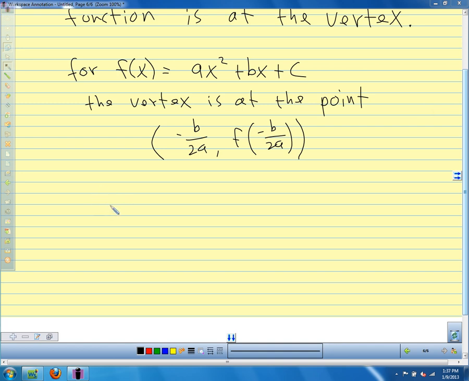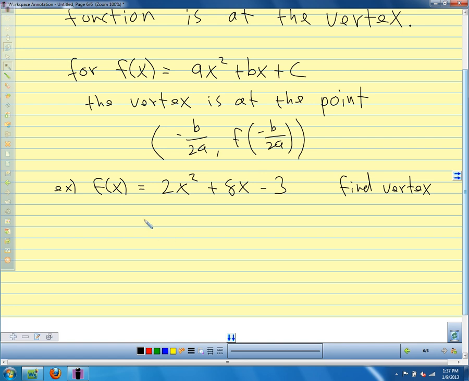So if we have f of x equals 2x squared plus 8x minus 3, and we want to find the vertex, we can use this formula.